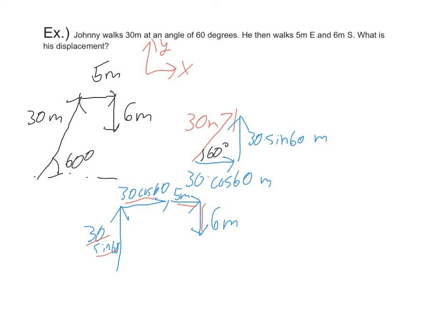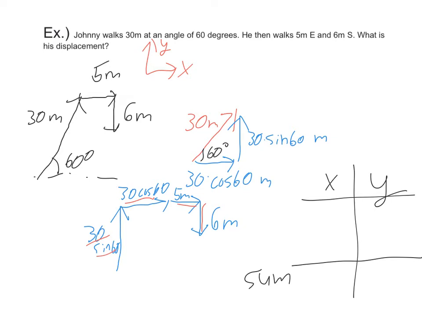Now you can see that we do have two components where one is strictly pointing in the y direction, one is strictly pointing in the x direction. I can now move on to step 2 where I just add together all my x components and all my y components. I find it's actually nice to make a little grocery list where I can keep track of all my x and y components and how they'll add together.